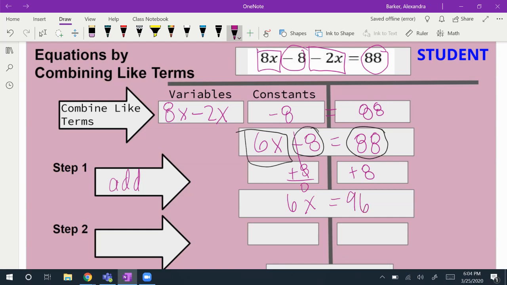Fantastic. Last thing I need to do, I need to get that 6 away from the x here, and currently I've got 6 times x, and the way that I get it away from the x is I do the opposite of multiplication, and the opposite of multiplication is division. So I divide by 6. Whatever I do to one side, I have to do to the other side.